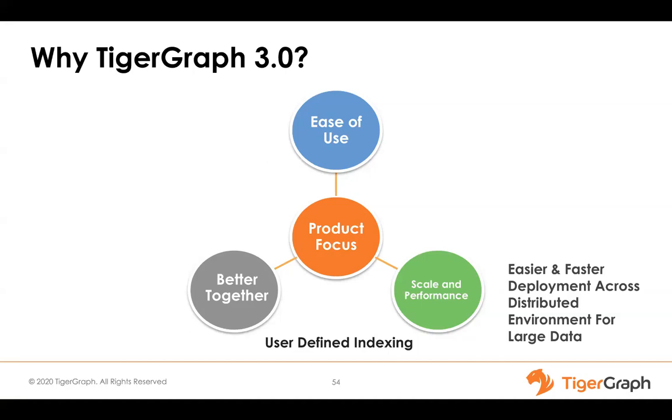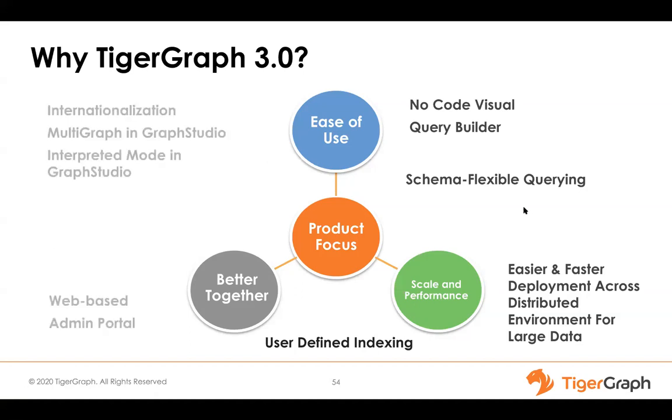And these two features really enable the scale and the modern data management requirements. And then the no-code visual query builder and schema-flexible querying also bring the performance and ease of use. And more users can start to get benefits of graph analytics.